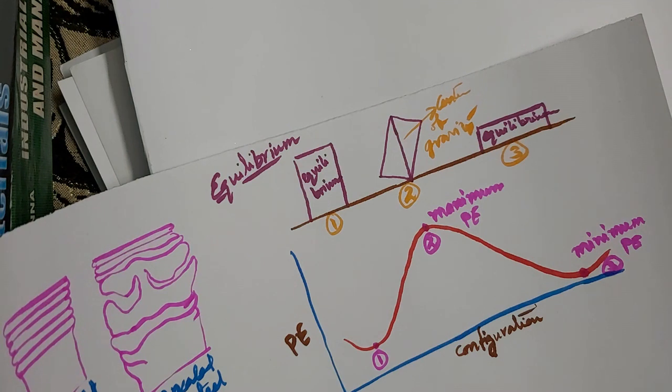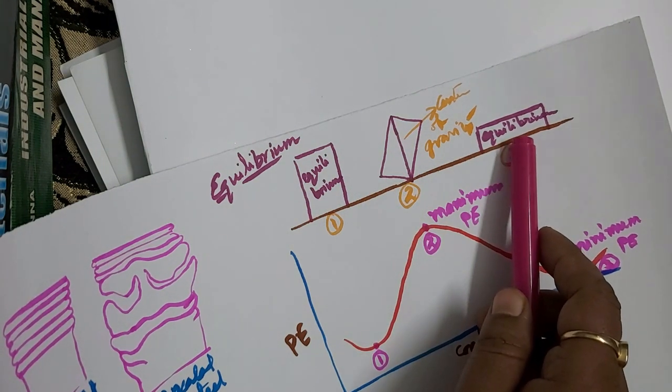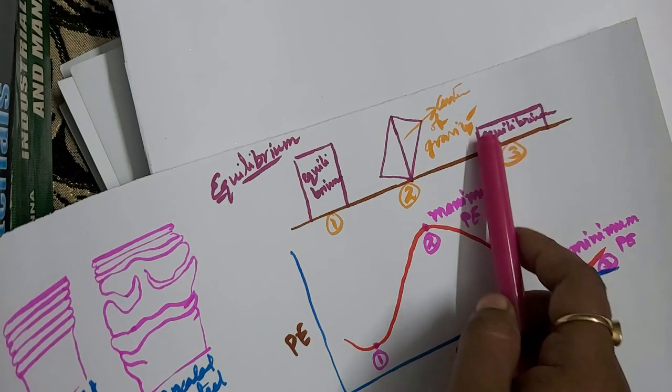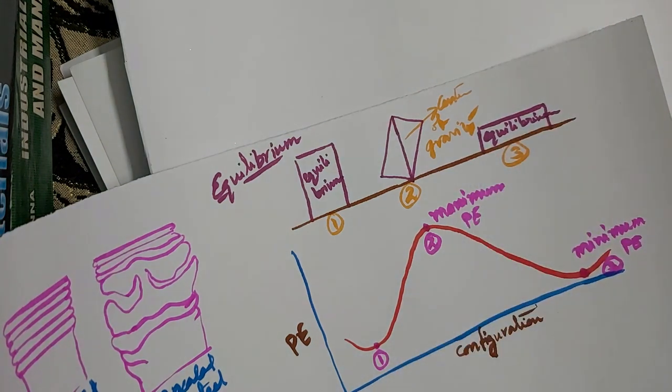So what is equilibrium? If an infinitesimally small perturbation does not change the energy or state of a rectangular block, then we will say it is in equilibrium.